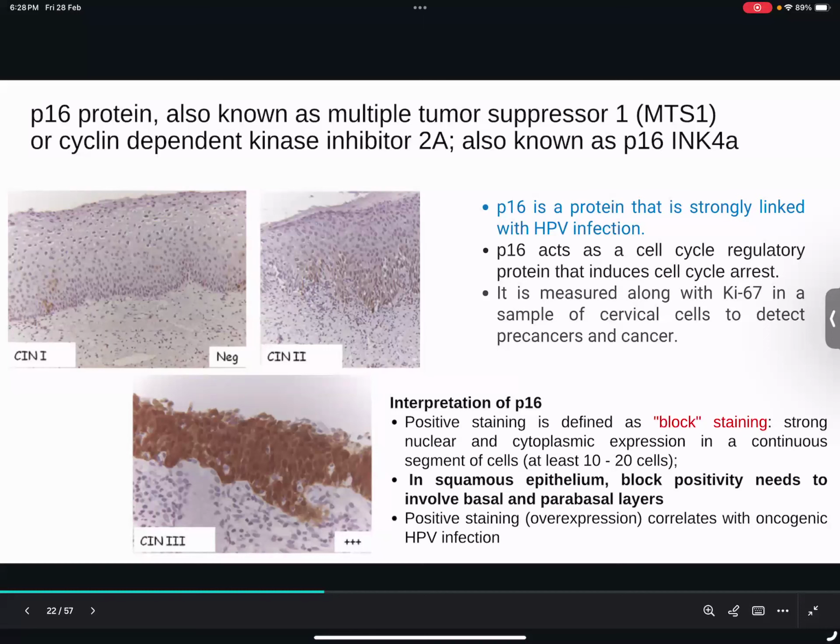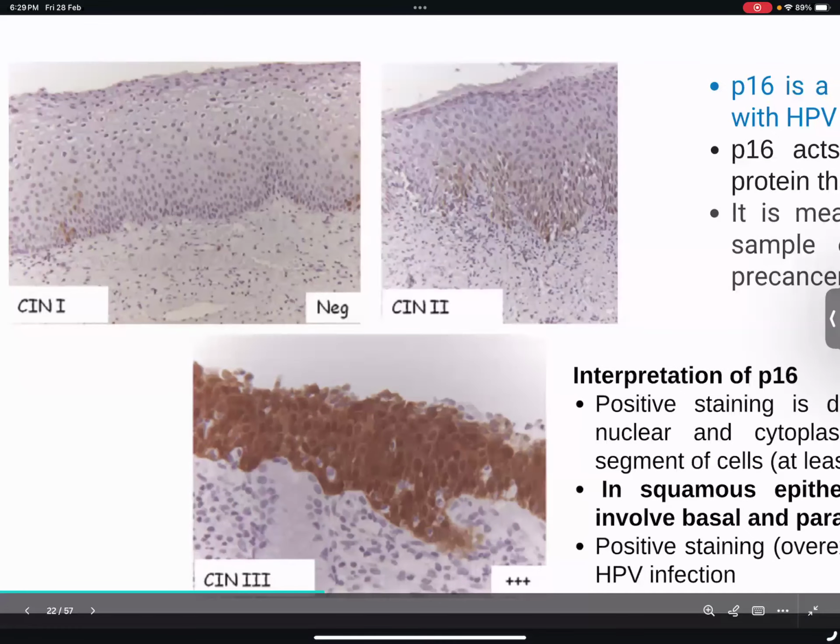If it is patchy or weak, it is reported as negative staining. For P16 positivity or overexpression, it shows block positivity. Block positivity means both nuclear and cytoplasmic positivity. It stains brown, and the entire epithelium can be brown in color.